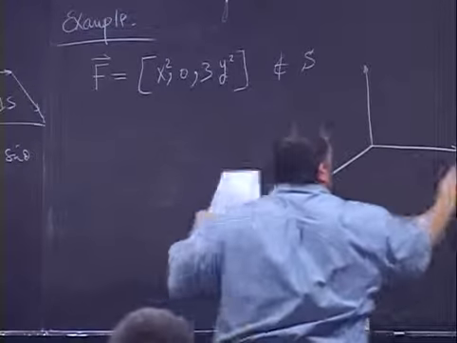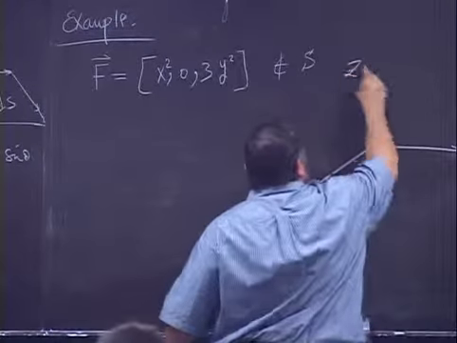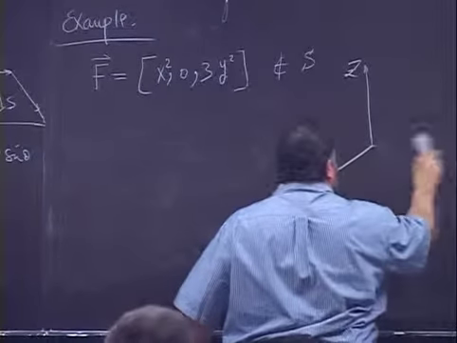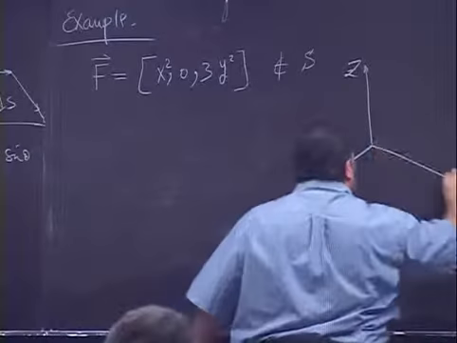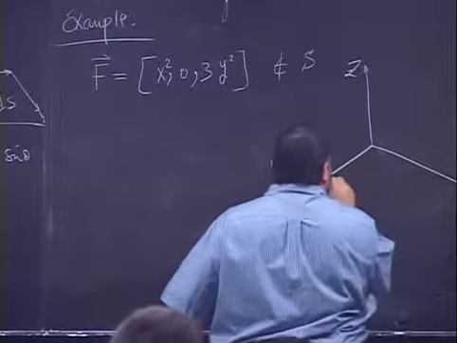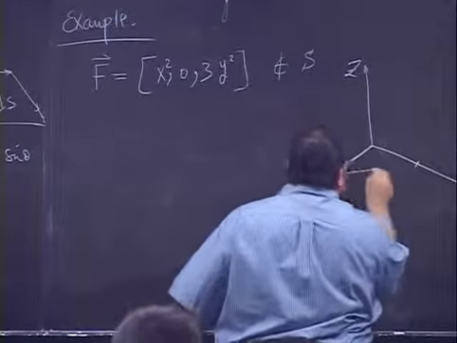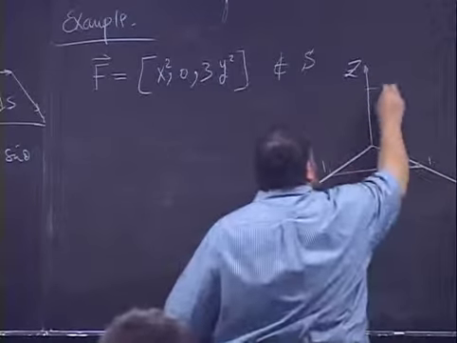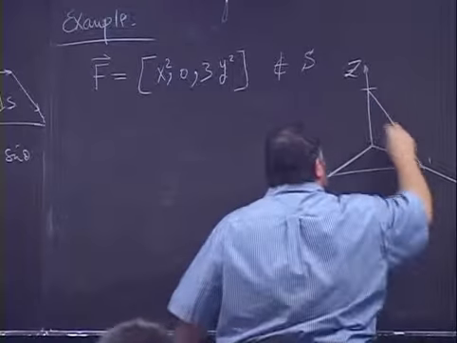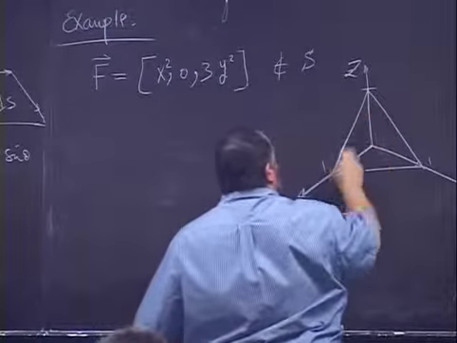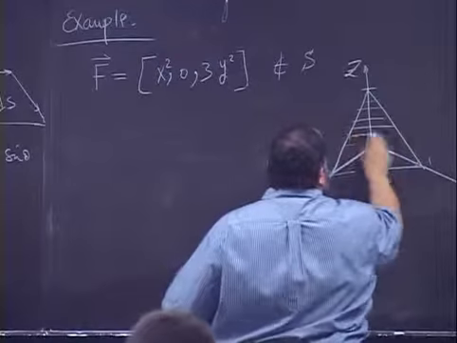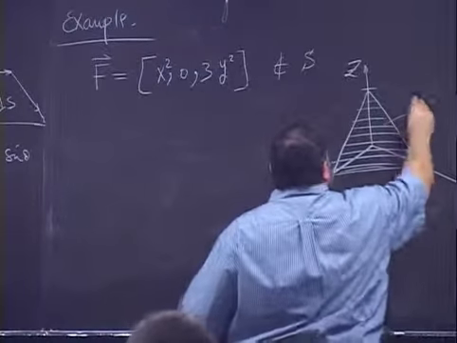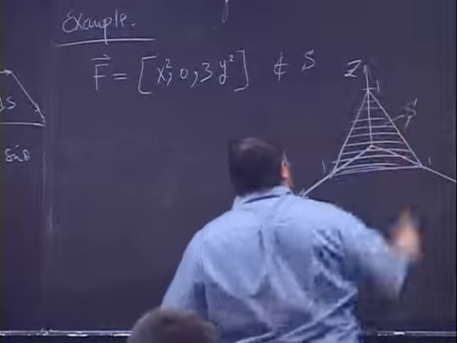So this is X, Y, and Z, and let's assume that we want to evaluate it on this surface here. So this is S. So this is 1, 1, 1.